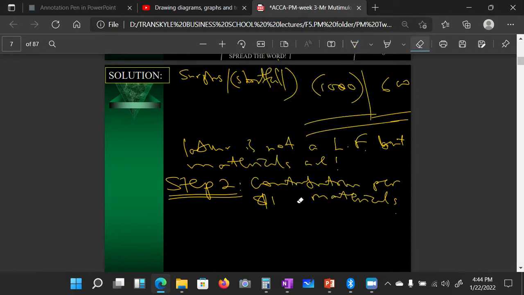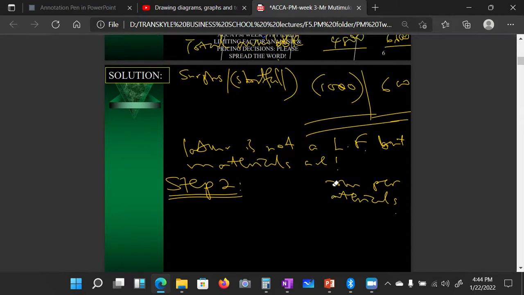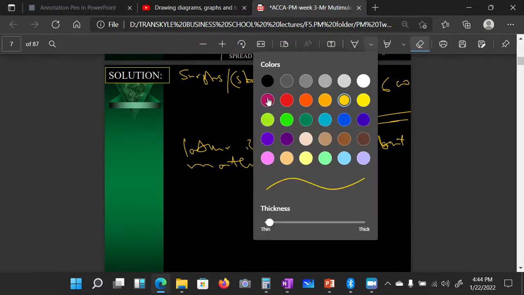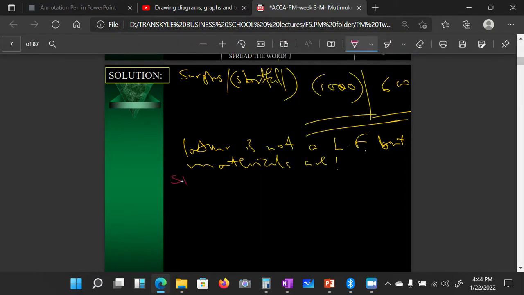Okay, so let me just change the pen for now so that it will be easier for you guys to follow. Step 2, contribution per dollar of scarce resource. In this case, the scarce resource is materials.